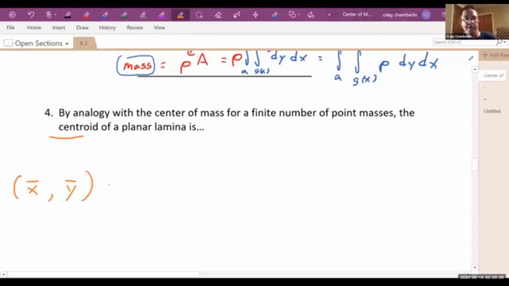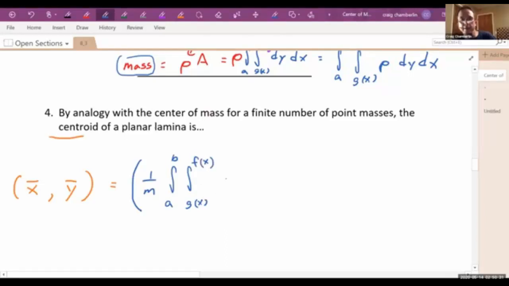So what is x bar? Think about that formula above. We had 1 over m, we're going to keep that. And instead of the sum symbol, we're going to have the double integral, a to b, g of x to f of x for our limits of integration.